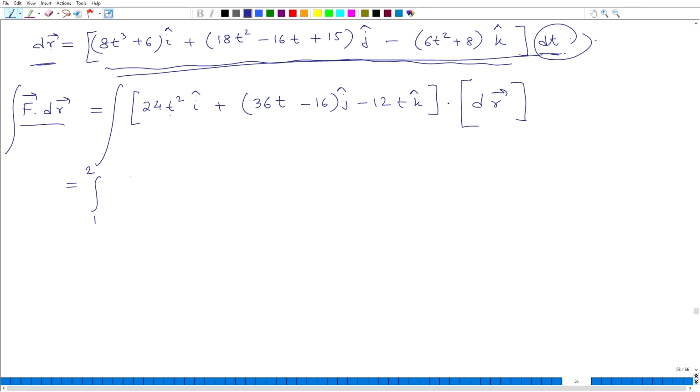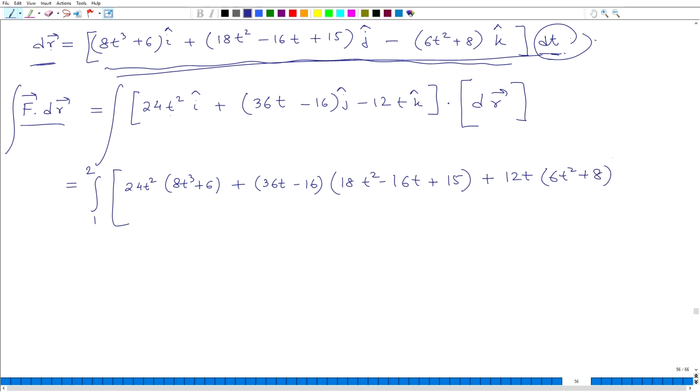Then if you do that calculation cautiously, you will have something like that: 24t²(8t³ + 6) + (36t - 16)(18t² - 16t + 15) + 12t(6t² + 8), and everything is multiplied by dt, and t is varying from 1 to 2.